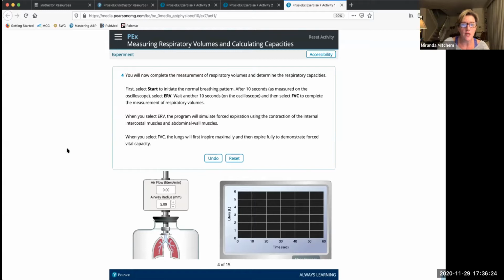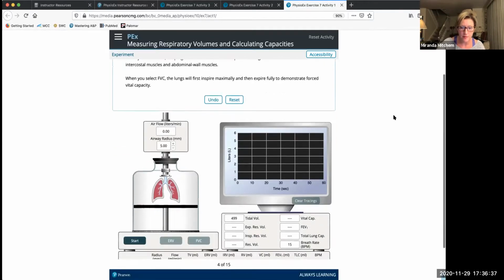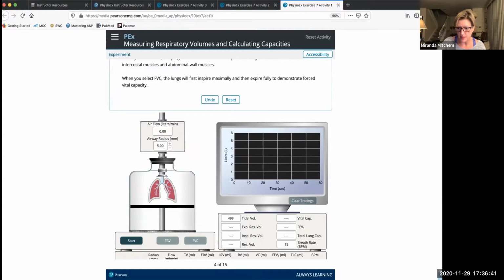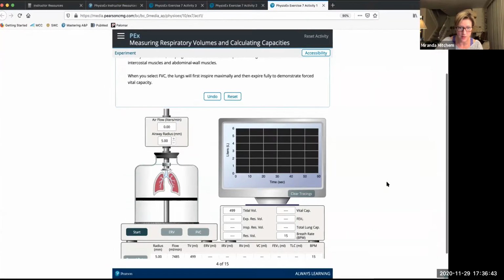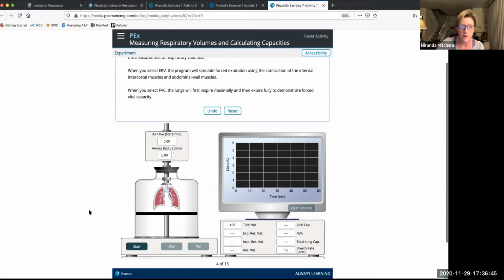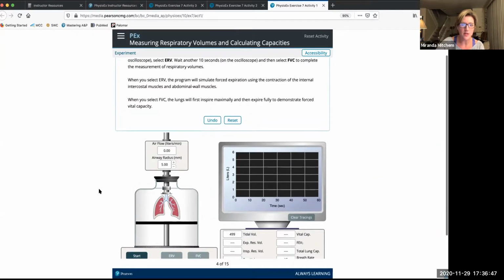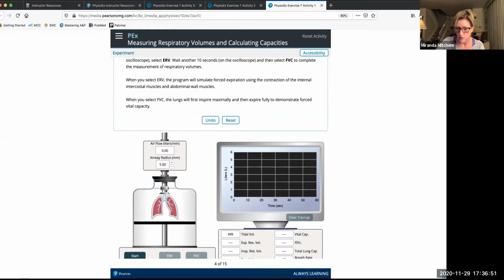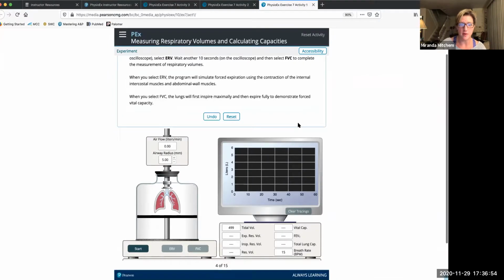So now we're going to hit start to go into our breathing pattern, but then after 10 seconds, we're going to hit the expiratory reserve volume and then wait another 10 seconds. I'm trying to see if I can make this more visible so I can get all the instructions in. There we go. That's a little bit better.